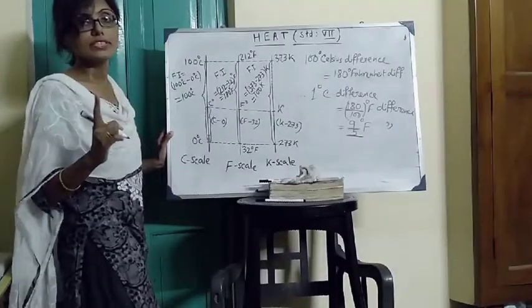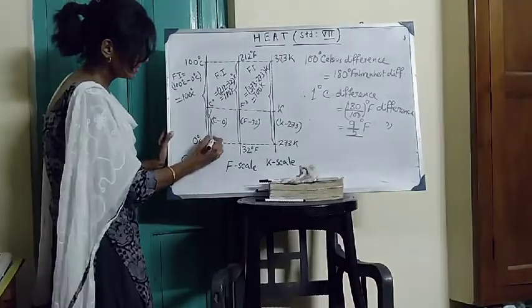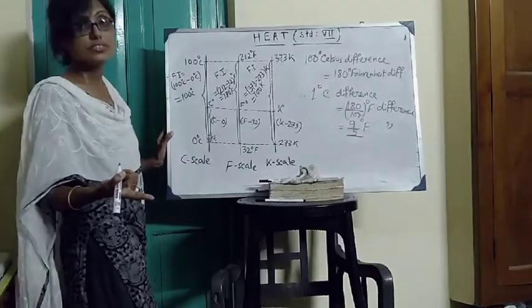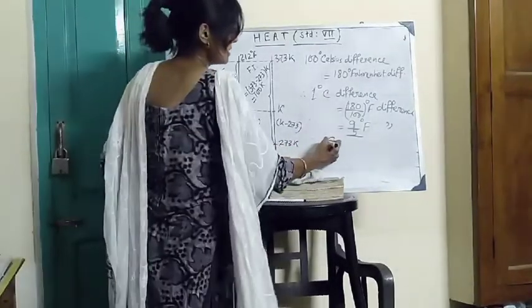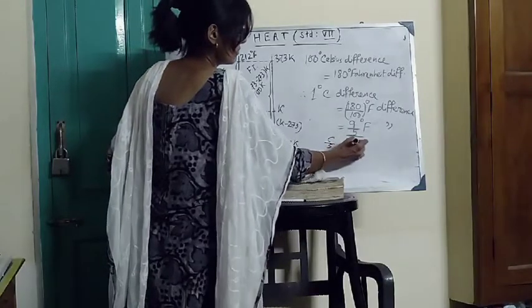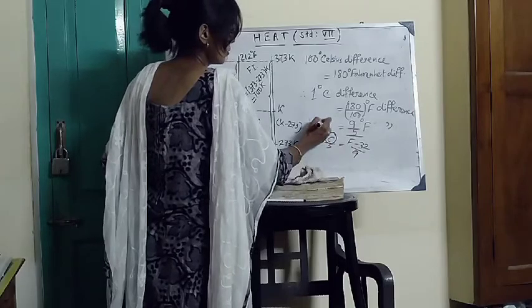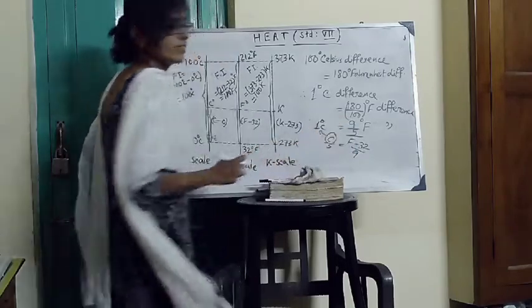Not the particular temperature. The particular temperature is 1 degree Celsius, this one. And if it is said that 1 degree Celsius is equal to how much degree Fahrenheit, use the relation C by 5 is equal to F minus 32 by 9. Put the value of C as 1 degree centigrade and then find the value of F.